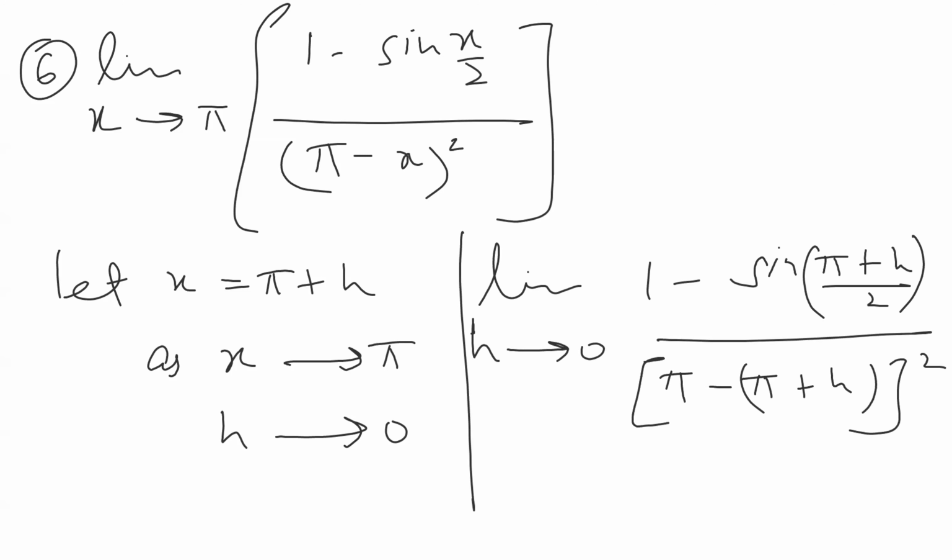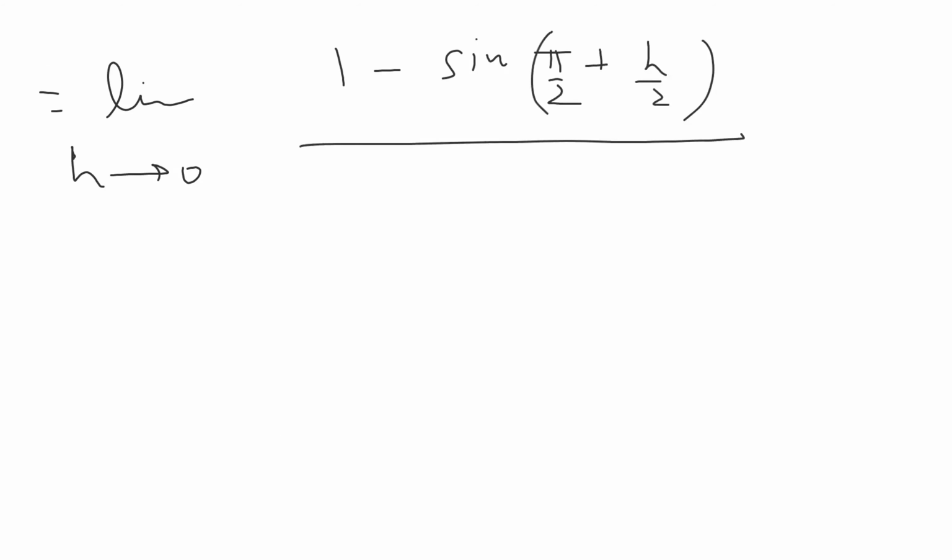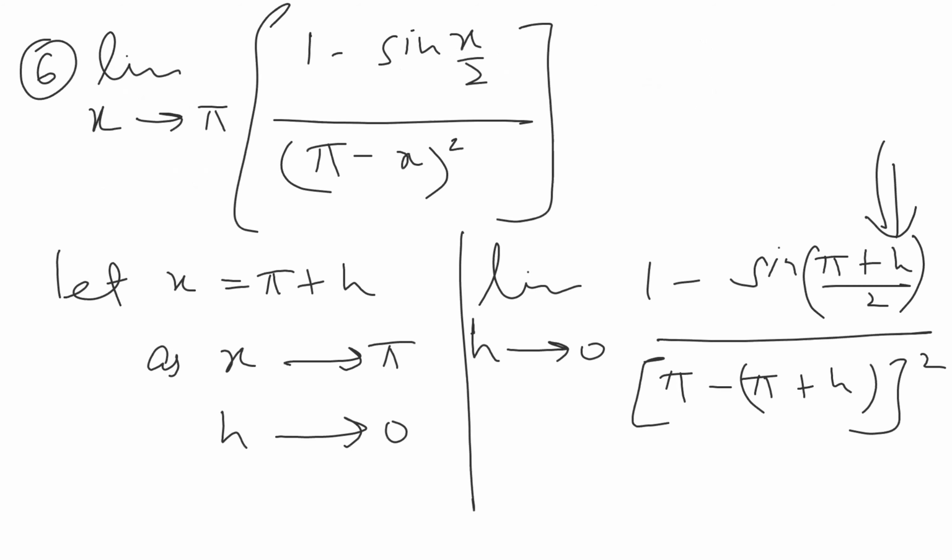Now here I'll just split. I'll write this as pi by 2 plus h by 2. I'll split the numerator into two parts. So this is equal to limit h approaching 0, 1 minus sine of (pi by 2 plus h by 2) divided by (pi minus pi minus h) the whole square. So pi will get cancelled. Minus h the whole square. The square of minus h is h square.